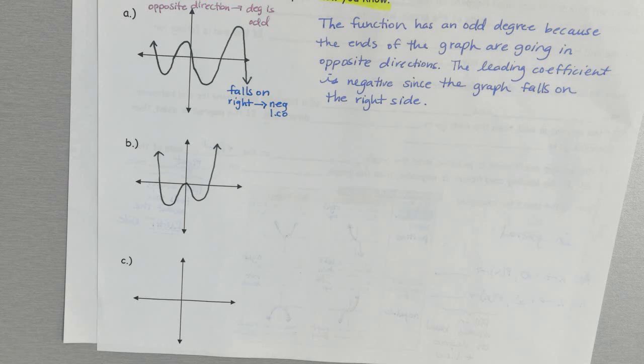And you guys can make notes right on the graph like we did before, or if you are feeling confident, you can treat the first one like a model. The function has a, fill in if it's odd or even, because the ends of the graph are, tell me what they're doing. The leading coefficient is, tell me if it's positive or negative.